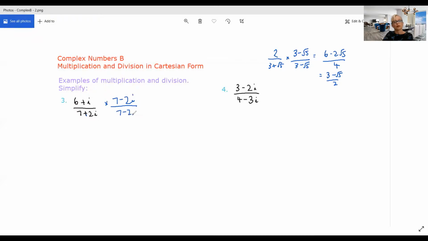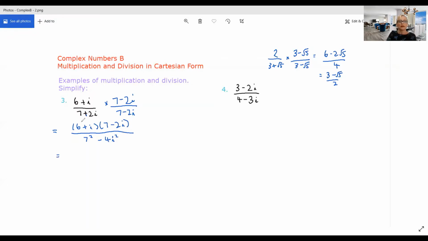Now let's see what happens. We're going to show all our working here. So we're going to get 6 plus i, 7 minus 2i in our numerator. In our denominator, we've rigged it so that we're going to get 7 squared minus 4i squared. All right, that's your a squared minus your b squared.